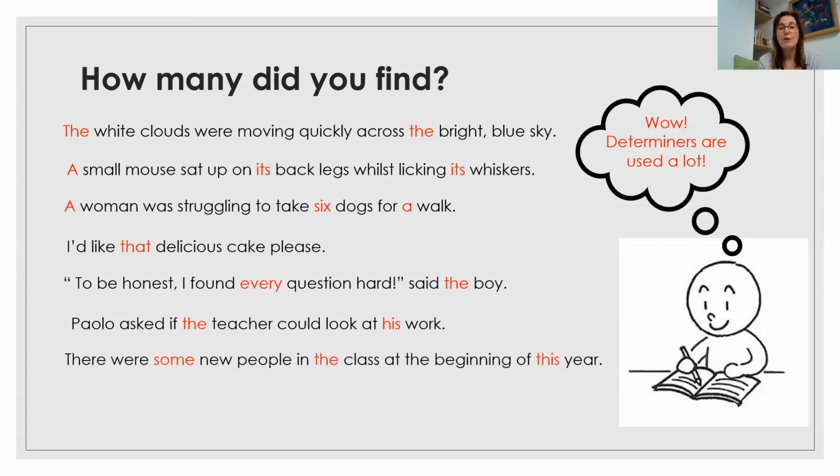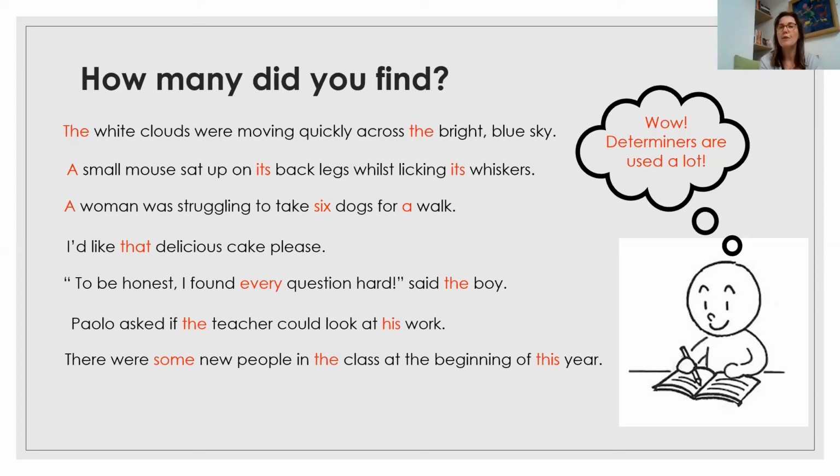There were some new people in the class at the beginning of this year. Let's look for the nouns. People, that's a thing. Class, that's a thing. Year, that's a thing too. So they're the nouns in the sentence: people, class, and year. Let's look out for the determiners. New comes before people. Is that a determiner?